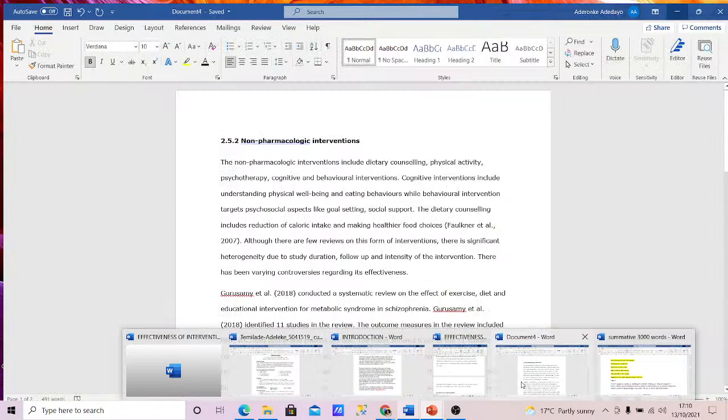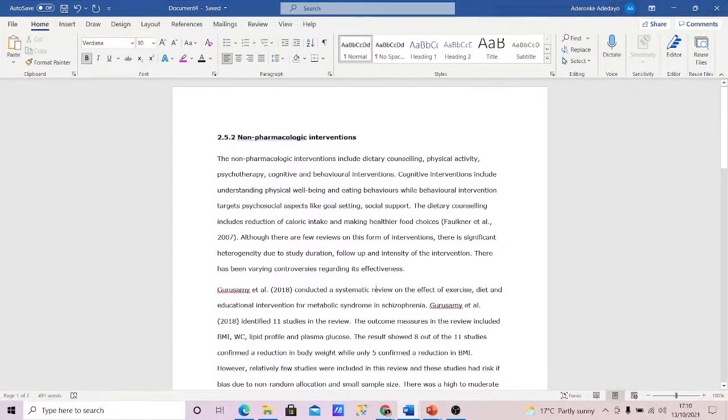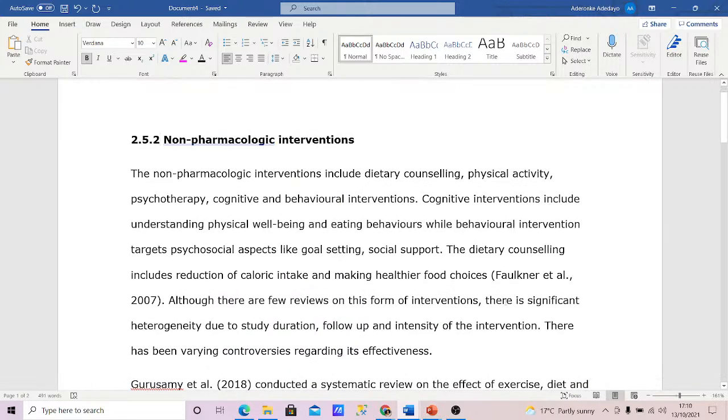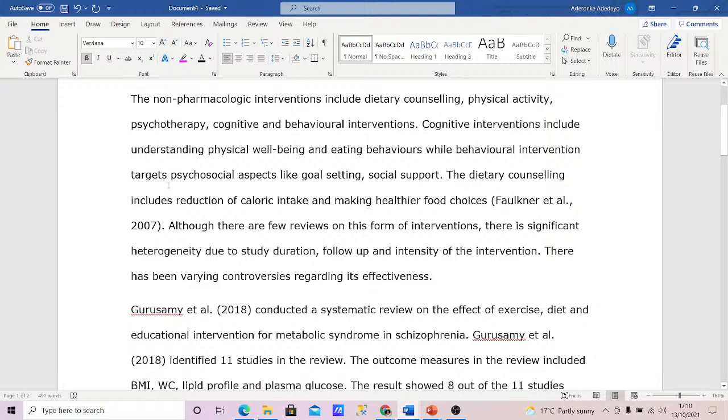So let's take a minute to just check it out, right? Let me zoom it a bit so we can see this very well. All right, non-pharmacologic interventions. So I gave it a bit of intro. This is just something I called out of a piece of work I've written in the past, right?